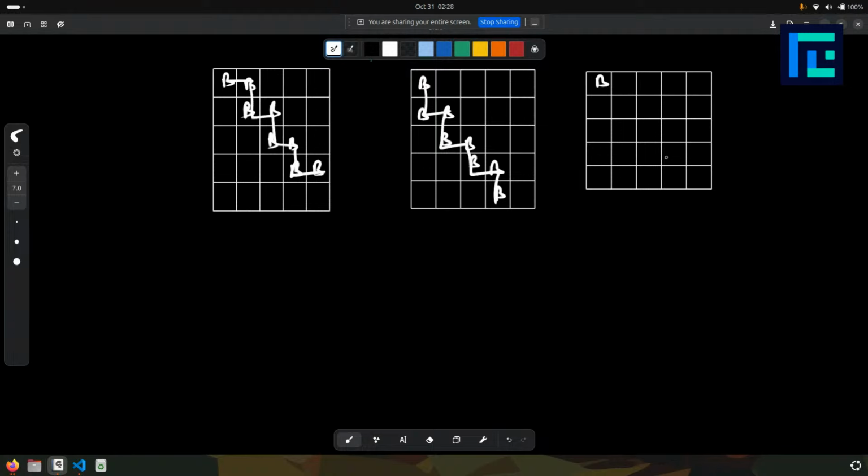Let's say I have a grid and I need to color these two cells black, and we are given these two cells black and we need to connect them. So what are the ways that we can do this? Can we do it through here? No, we cannot do it through here. So we have only one choice, to follow this path.